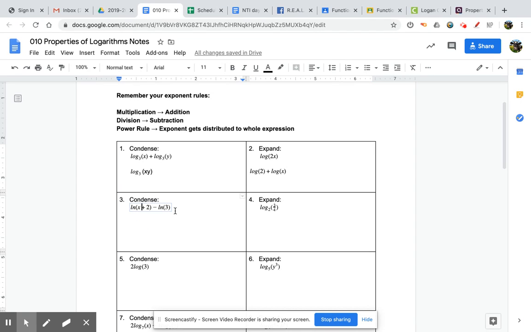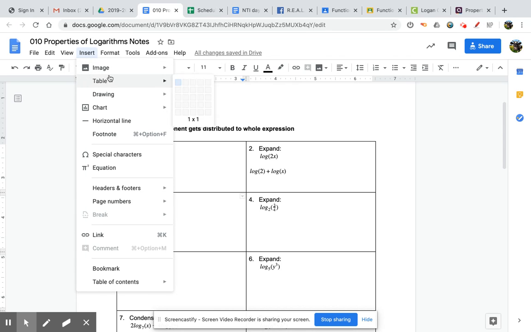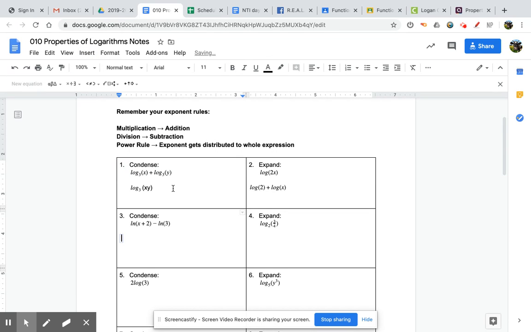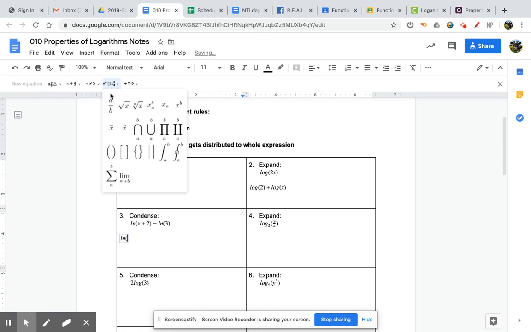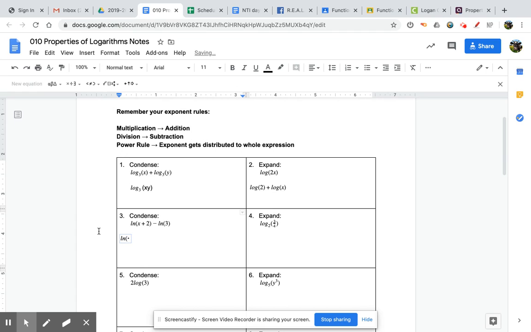So watch how I type this out here, because it may look just a little different than you expected. Okay, so I've got my natural log, my parentheses, and because I'm dividing, I'm going to create a fraction, and this fraction is going to be written in the order that these things appear. x plus 2 comes first, so x plus 2 is going to be written on top of the fraction. 3 comes last, so 3 gets written on bottom of the fraction. Notice I didn't try to type anything in my calculator, I just left it as a fraction.